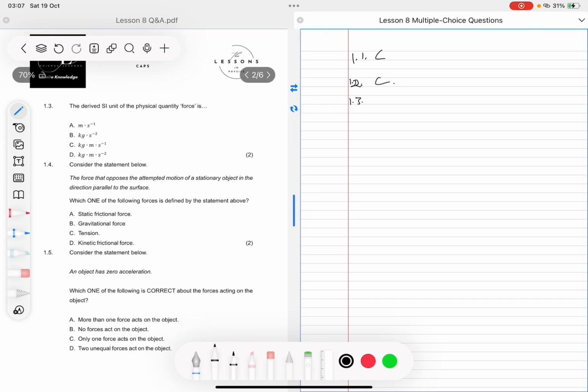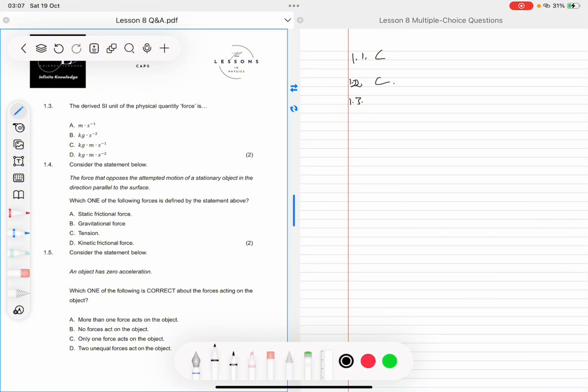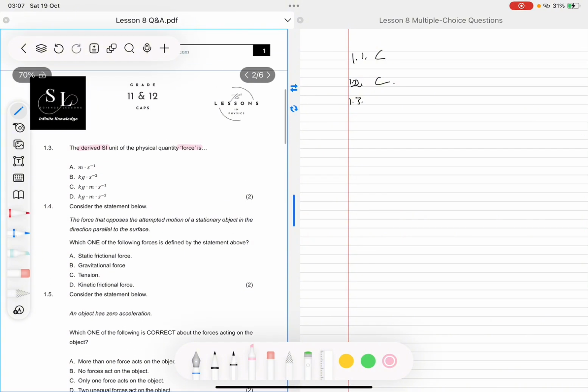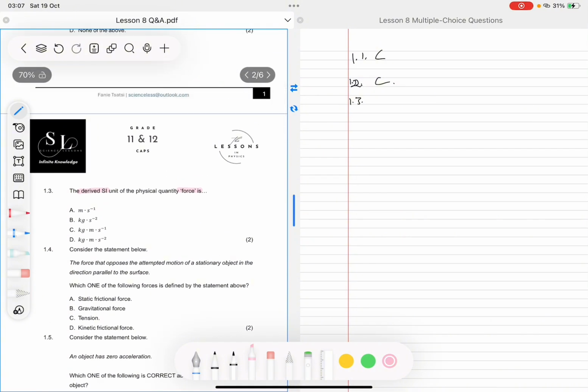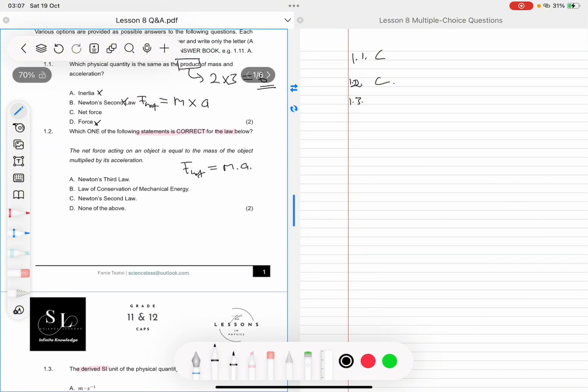1.3, they say the derived SI unit for the physical quantity force is. So here we're looking for the SI unit of the force. Now, when we say derived, we mean that this SI unit comes from other quantities. We generate it from other quantities. So I just want to go back to this formula quickly.